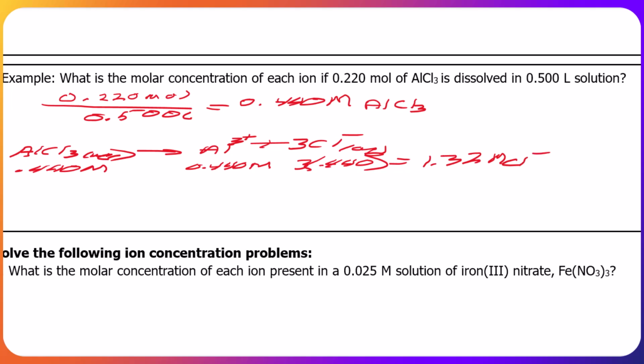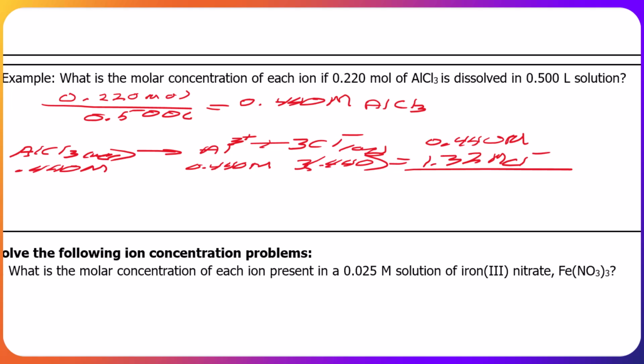Now, it might be that they ask you for the total ionic concentration. That is the concentration of all the ions in solution. So all you would do to obtain that is to go ahead and add the concentration of aluminum ions here. Okay, this is 0.44 molar. So I'm just going to add that to 1.32.